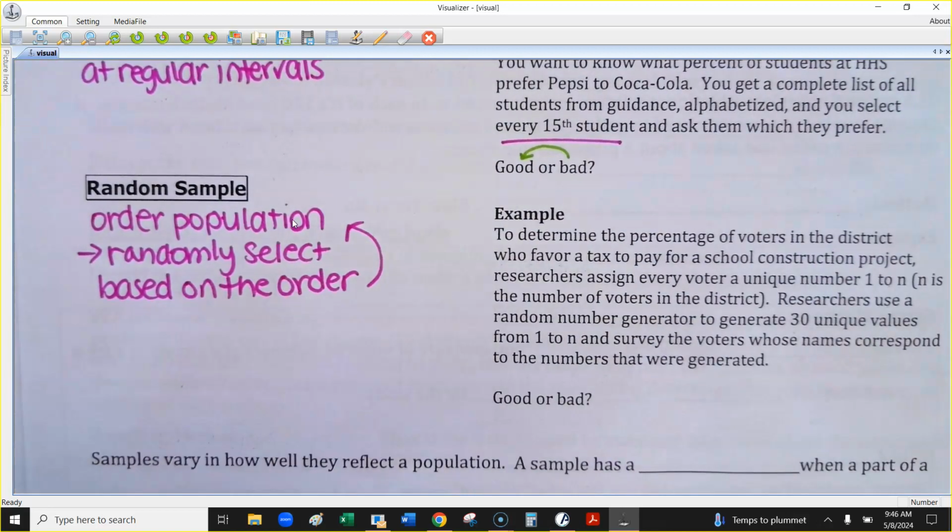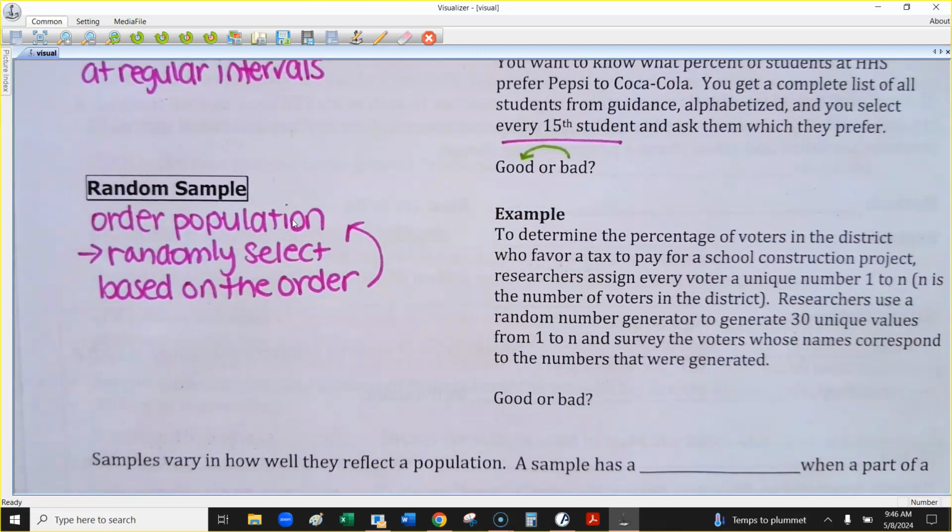So if I give everybody a number, and then I use a random number generator to randomly select 50 people out of my population, that's a random sample. But everybody has to be assigned a number or a letter or something, and then you pick those numbers or letters at random and interact with those people.